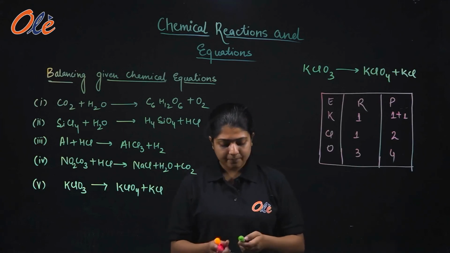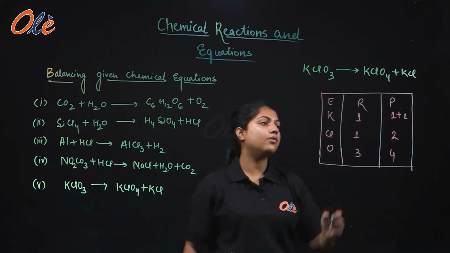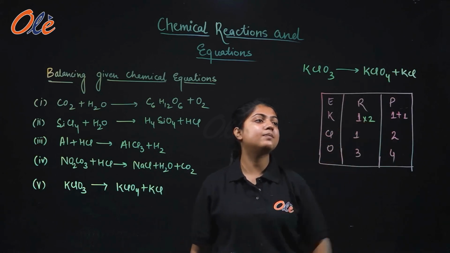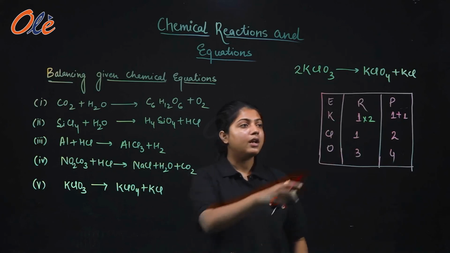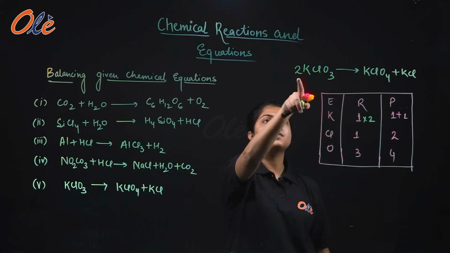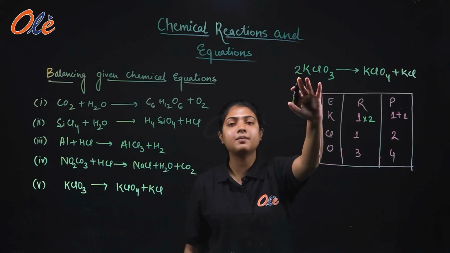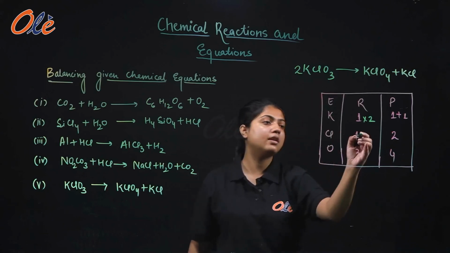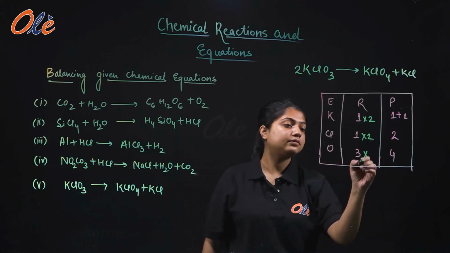On the reactant side, chlorine is 1, whereas on the product side, chlorine is 2. So we can multiply this by 2. So it becomes 2. Okay. On the reactant side, chlorine is now 2 because we have multiplied the potassium chlorate by 2. So the chlorine is also automatically multiplied, as well as oxygen.